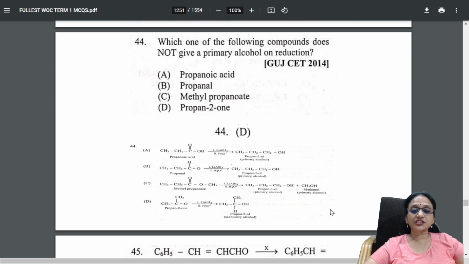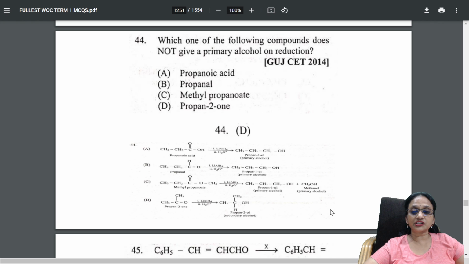Next, further reactions where acids are converted to primary alcohols, aldehydes are converted to primary alcohols, esters are converted to primary alcohols, and ketones are converted into secondary alcohols. These are the reactions given to you.